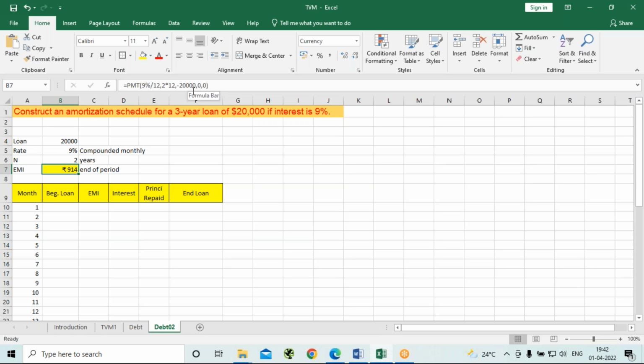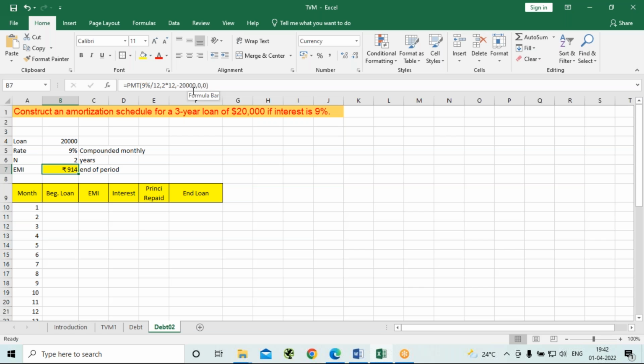So is it minus? I'm not sure. Now, when do we give it as minus? Means when the amount is going out of my hand. Yes. So whether this loan amount is coming to my hand or going out of my hand. EMI is going out of my hand, but the loan amount is what we received.